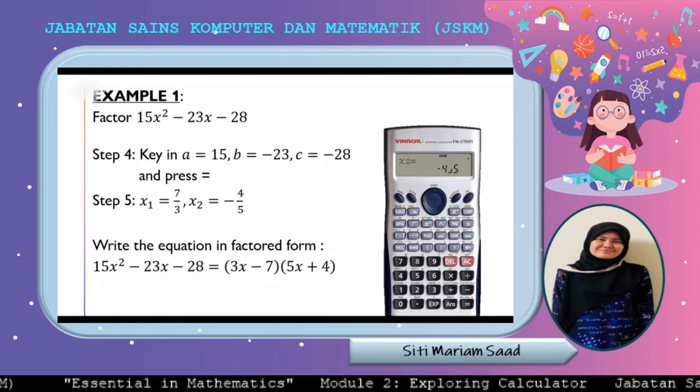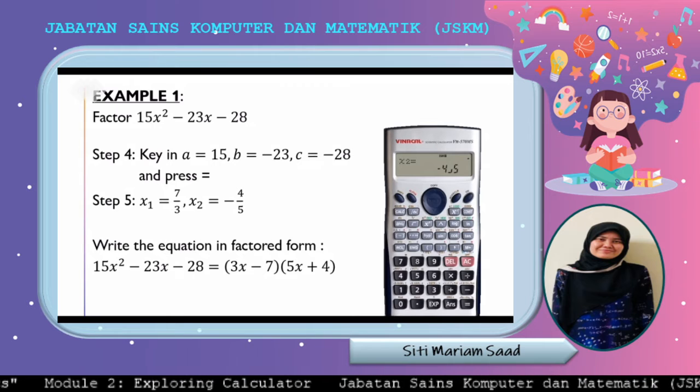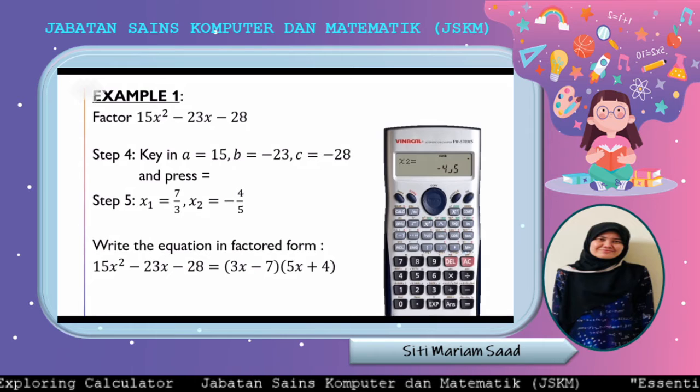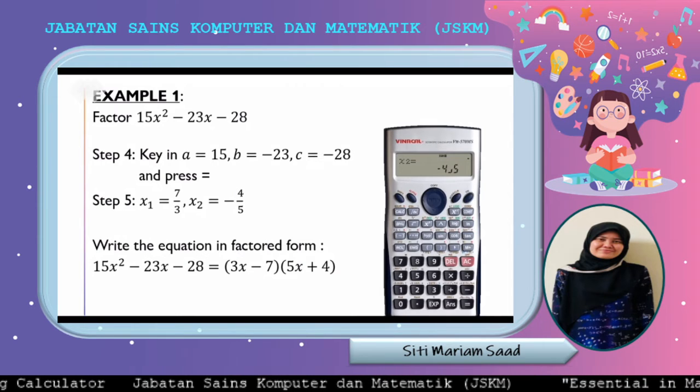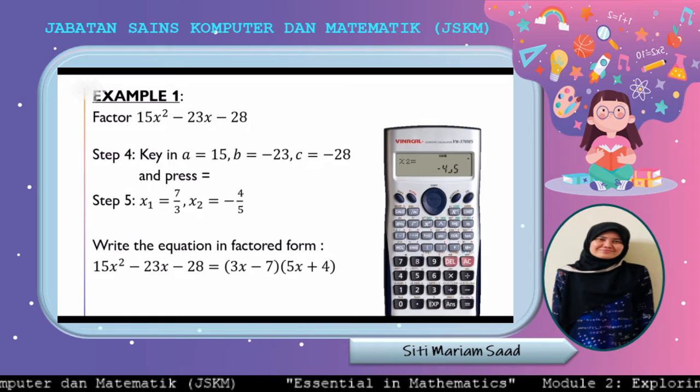The first factor we write as 3x minus 7, and the second factor as 5x plus 4. So this quadratic is written as 3x minus 7 times 5x plus 4.